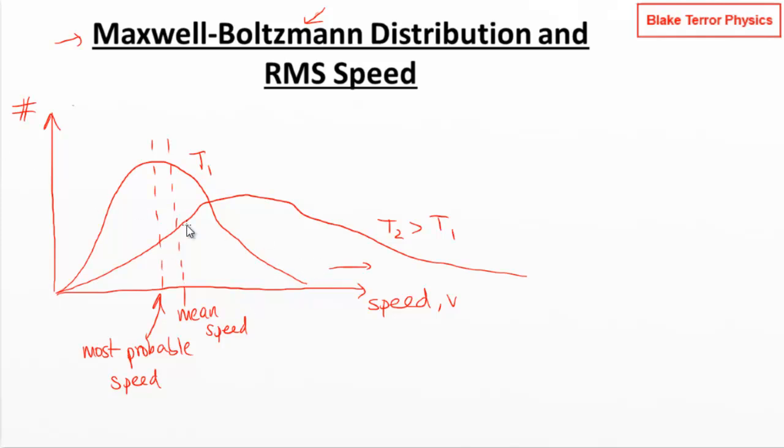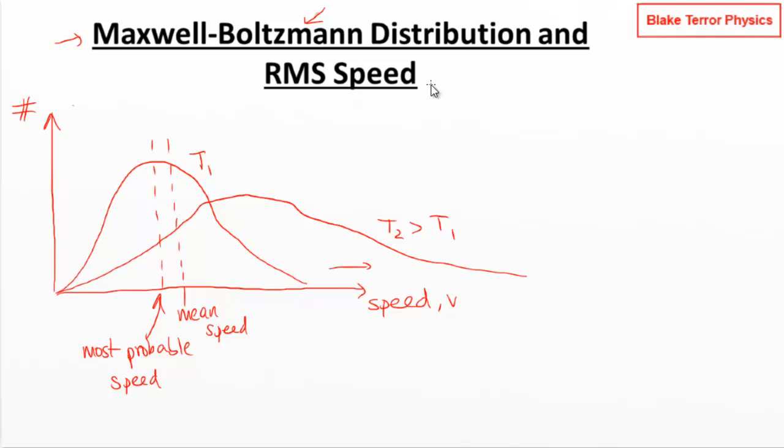So Maxwell and Boltzmann derived the shape of this distribution in order to say, well, what's the probability that we've got a particular speed for a particular particle in a particular gas with a particular temperature. So that's what they worked out.